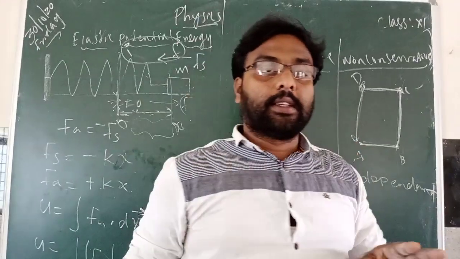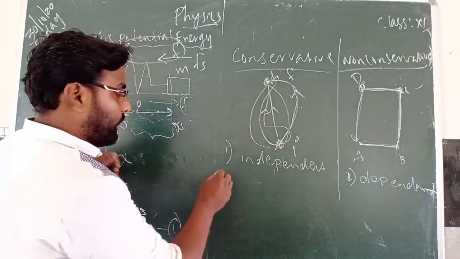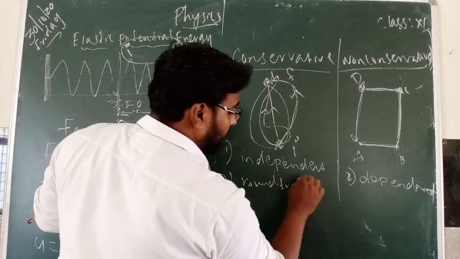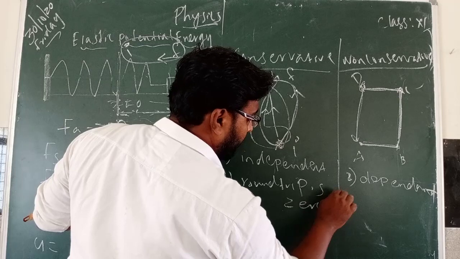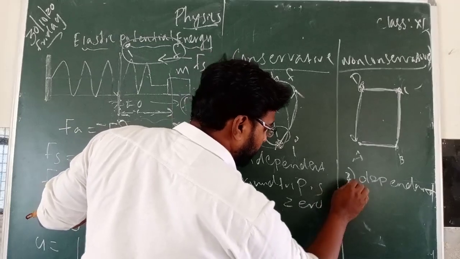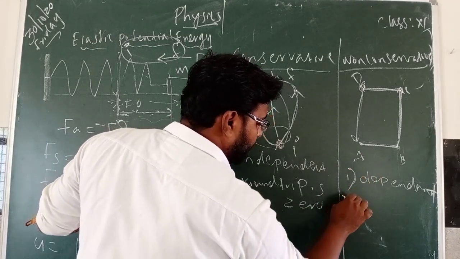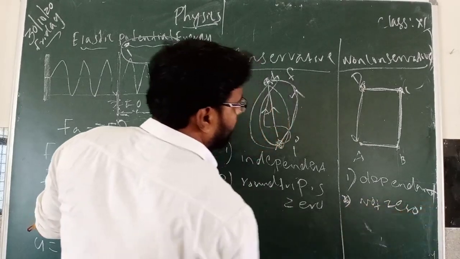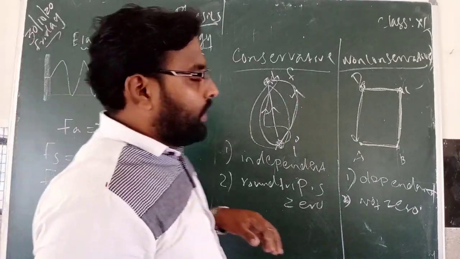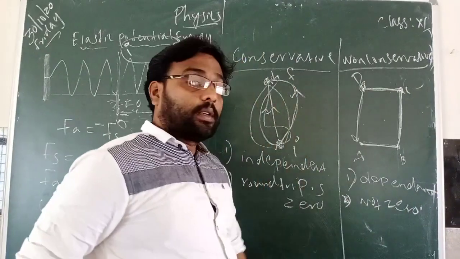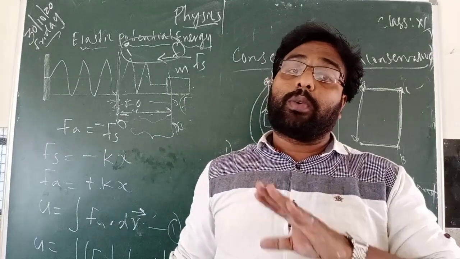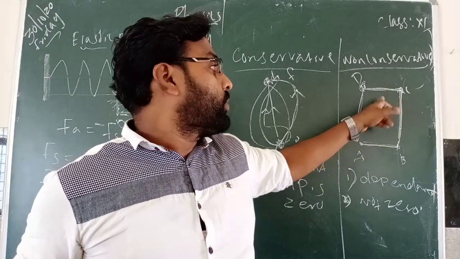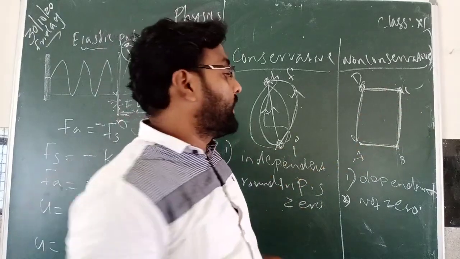And the second difference is work done in a round trip is 0. For a conservative force, which is independent of the path, the round trip work is 0. Here it depends upon the path, so the round trip won't be 0.